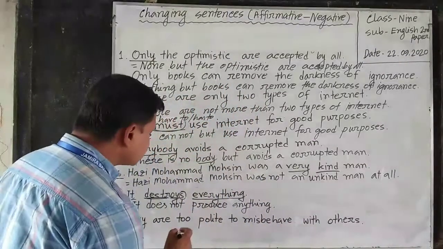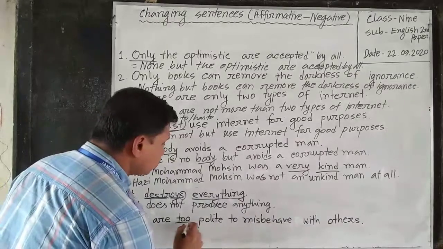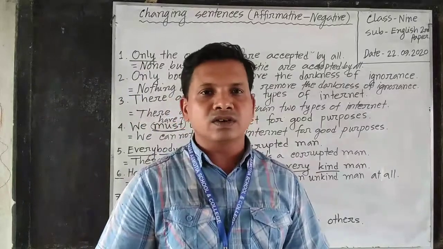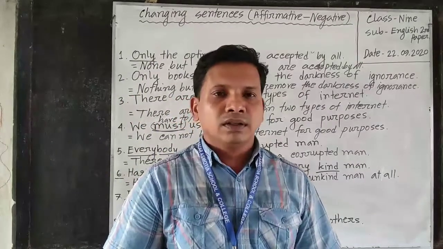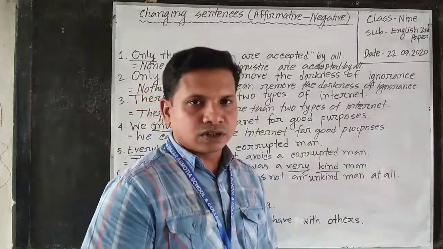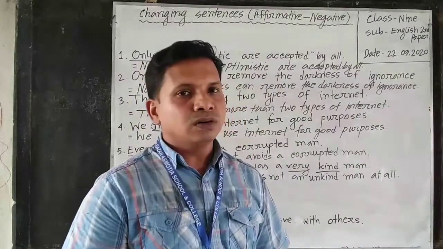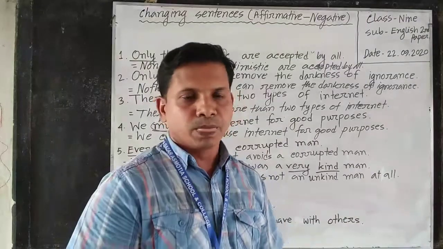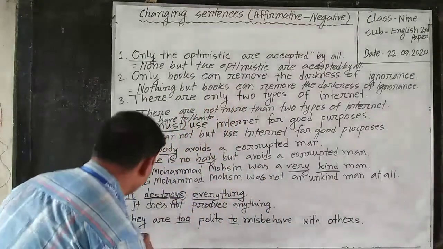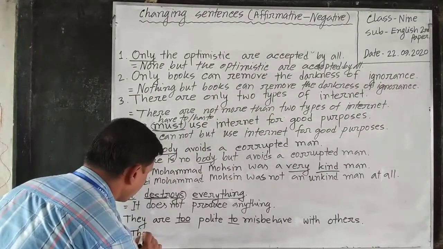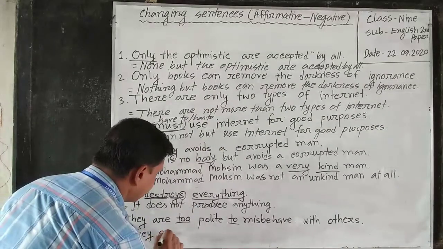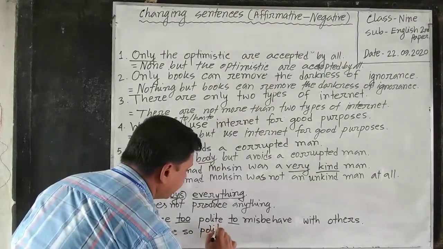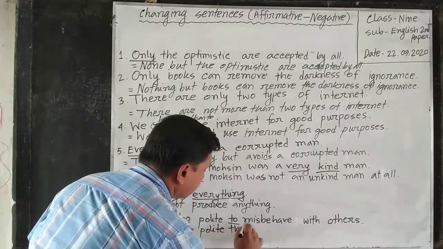The next sentence contains to. We know if any affirmative sentence contains to, we will use so dash dash that instead of to dash dash to. So the answer will be they are so polite that.